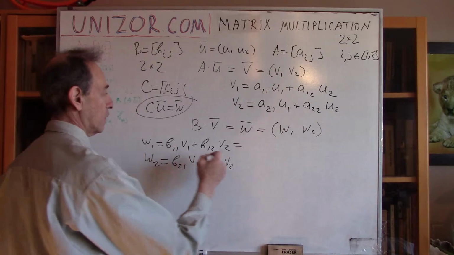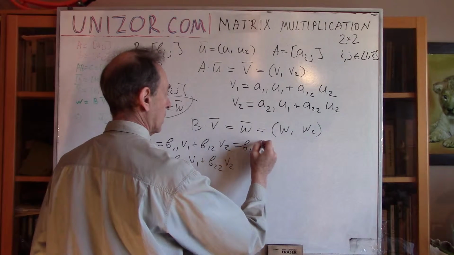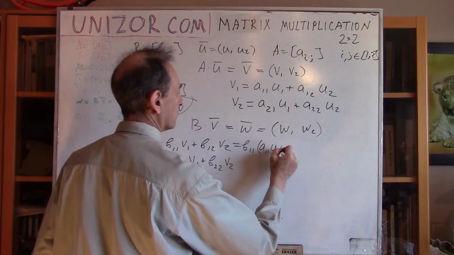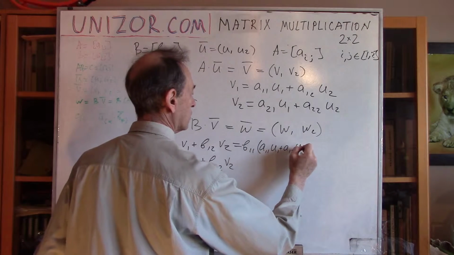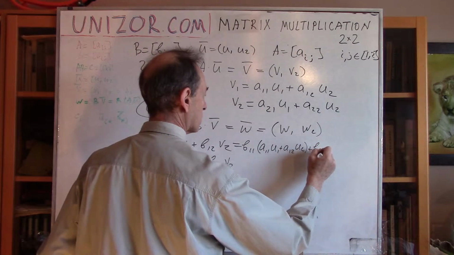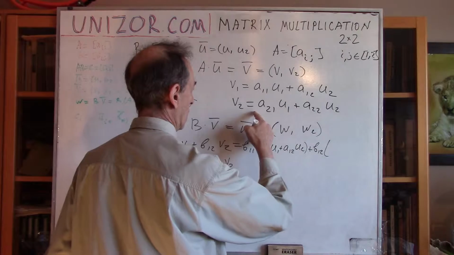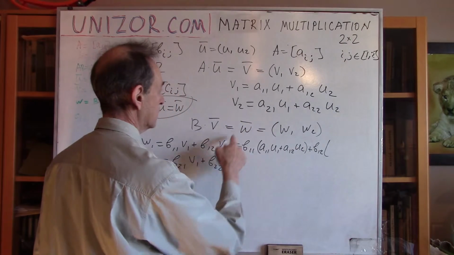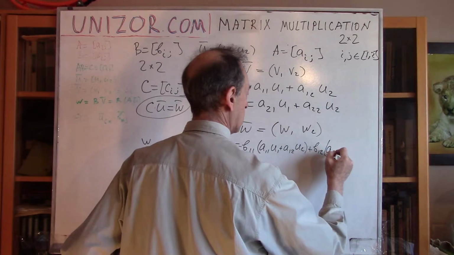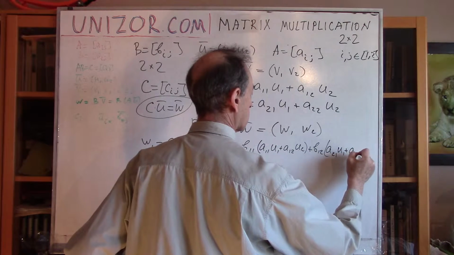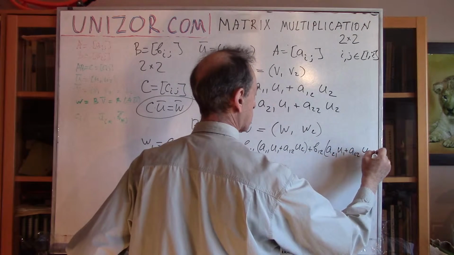So it's B11 times A11 U1 plus A12 U2 plus B12 V2. V2 is this: A21 U1 plus A22 U2.